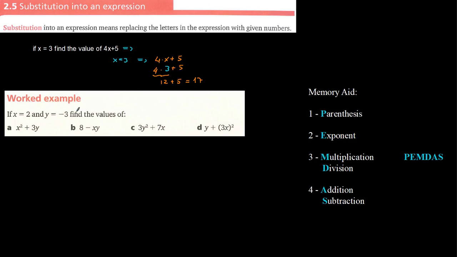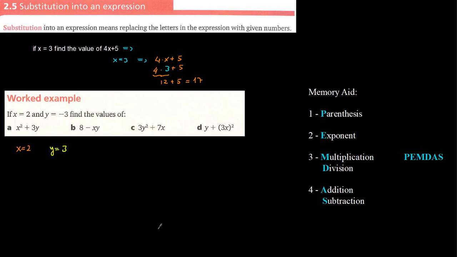x is equal to 2, y is equal to minus 3. So if x is equal to 2 and y is equal to minus 3, let me write with different colors to explain better.